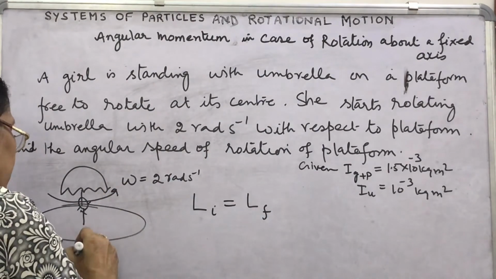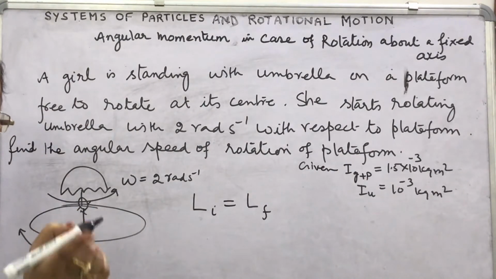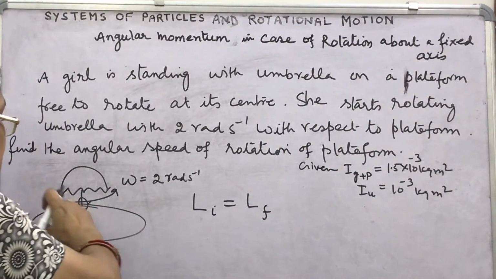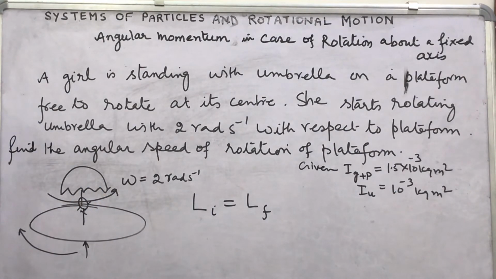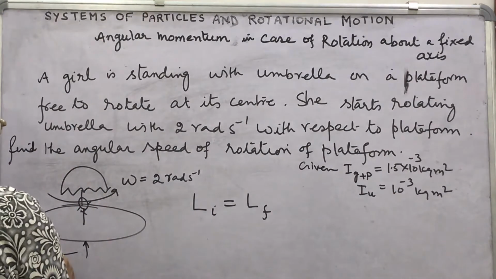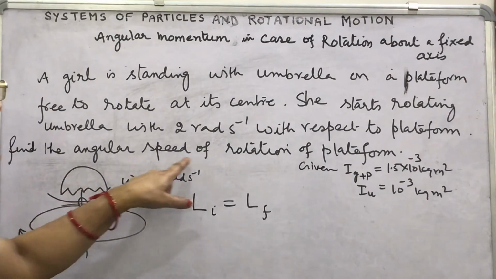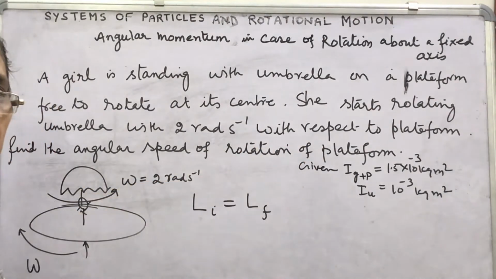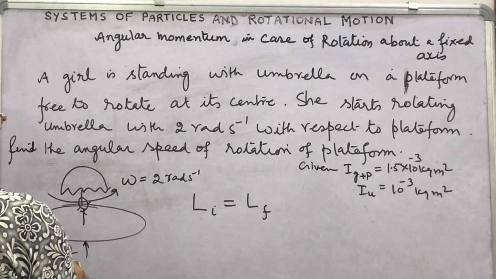This platform will develop another angular speed opposite to the rotation of the umbrella. Suppose this speed is omega, which we have to find. It is asked for the angular speed of rotation of the platform, so this is the speed of the platform with respect to the ground.